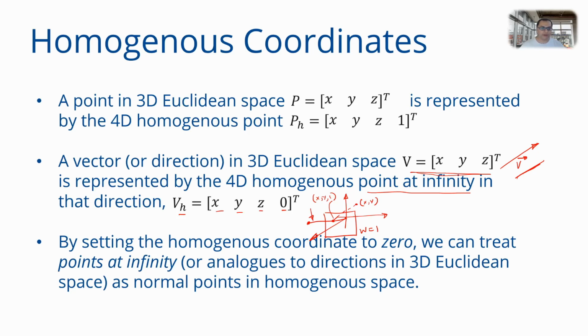Because all these homogeneous points on the ray map to the same Euclidean point. By setting the homogeneous coordinate to 0, we can treat points at infinity, or analogs to directions in 3D Euclidean space, as normal points in homogeneous space. So we see that homogeneous coordinates lend themselves naturally to these descriptions of points at infinity. They give us a very nice machinery to handle these points, and we will use this to get a sense of where the vanishing points lie in our image.